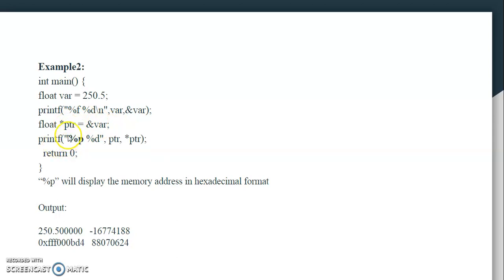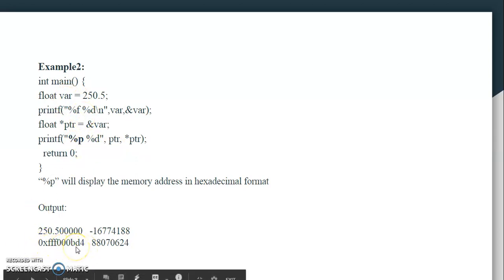Next, here I have used the format specifier %p. In the last example we printed all the addresses with %d, that is the format specifier of integer. This is the format specifier for the pointer. If I give the format specifier %p, then this will print the address of ptr, that is the address of this var variable, in hexadecimal format.